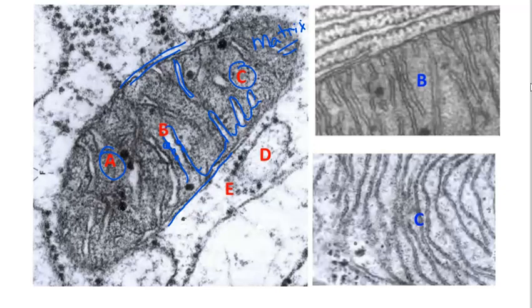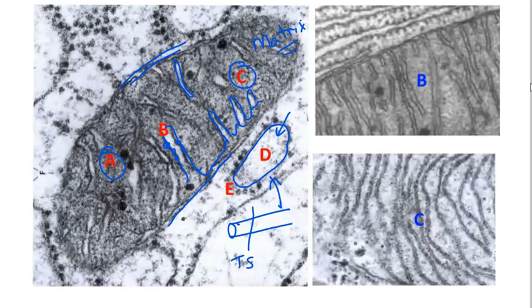Now, before we leave this image, we have to know these structures here. This single membrane structure here is in fact endoplasmic reticulum, where the endoplasmic reticulum has been cut in cross section or transverse section to show a tubular structure.